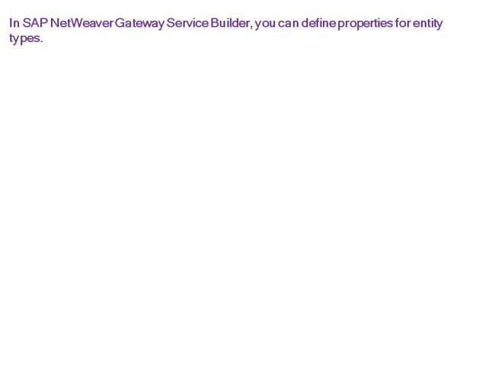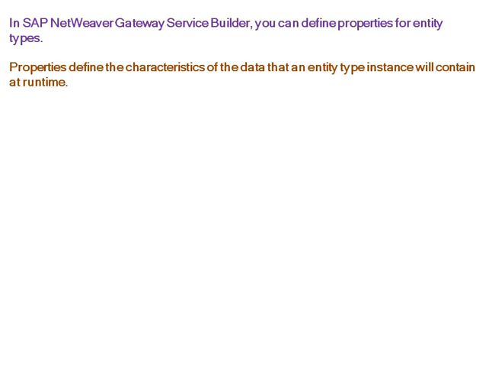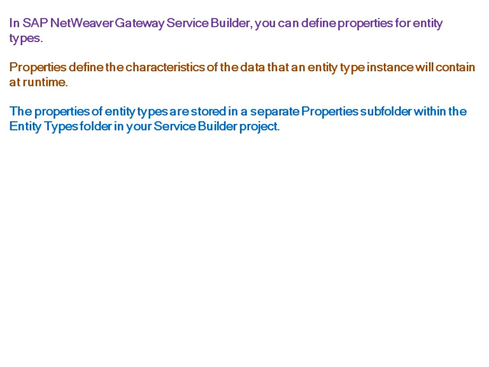in SAP NetWeaver Gateway Service Builder, you can define properties for entity types. Properties define the characteristics of the data that an entity type instance will contain at runtime. The properties of entity types are stored in a separate properties subfolder within the entity types folder in your Service Builder project.